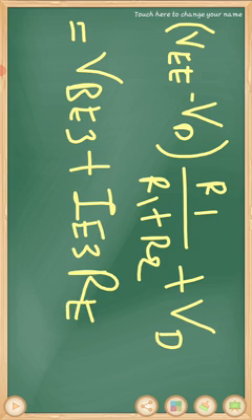In this equation, VD is the diode voltage, VEE is the negative supply, VBE3 is the base to emitter voltage of transistor Q3, IE3 is the emitter current of transistor Q3, and RE is the emitter resistor.